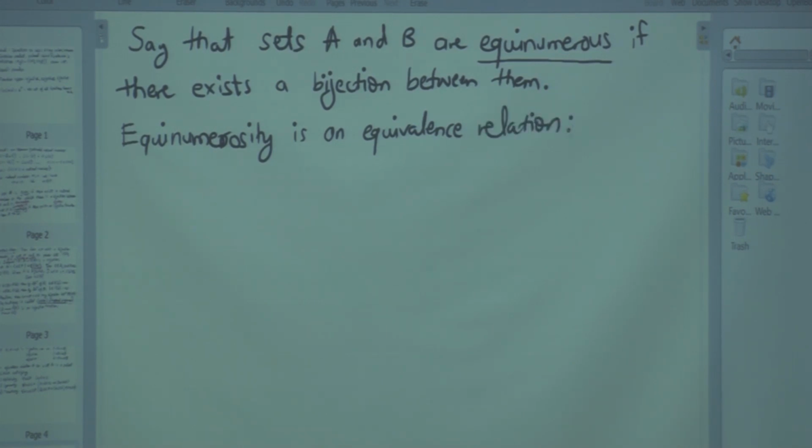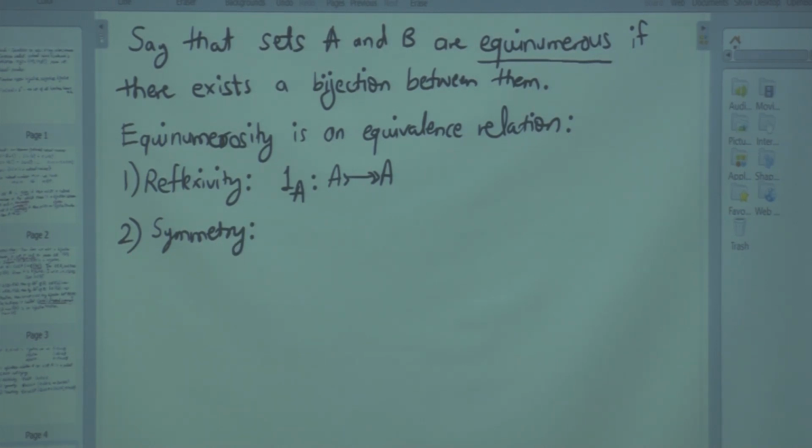First we have to check reflexivity. Can you check that for me? If I am given set A, does there exist a bijection between A and A? What bijection? Identity, very good. So 1_A, this is our notation for identity, from A to A is a bijection. Okay, what about symmetry? Some people also call it symmetricity, but I feel it's unnecessarily long.